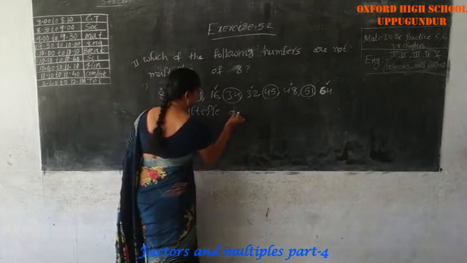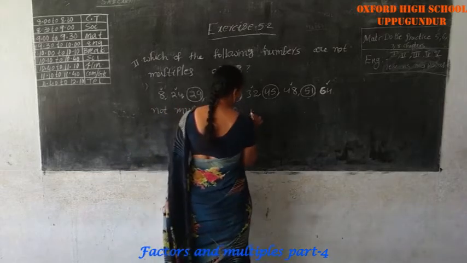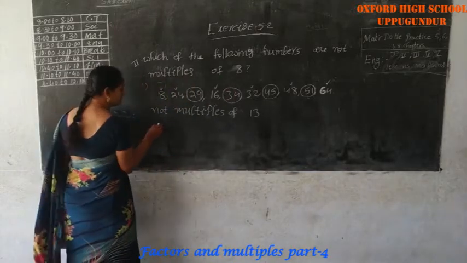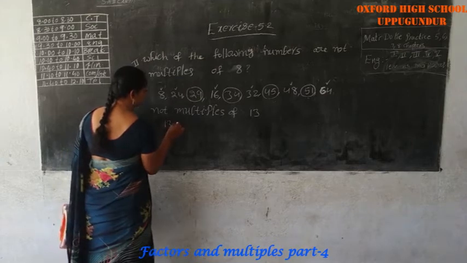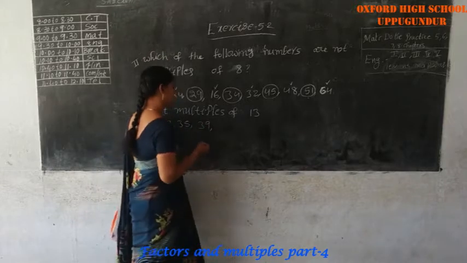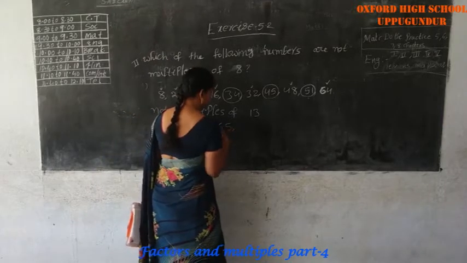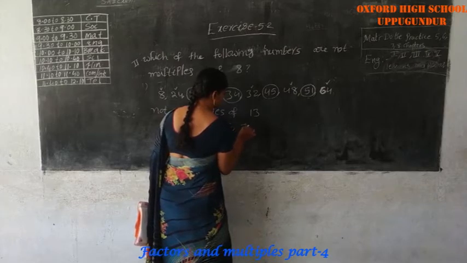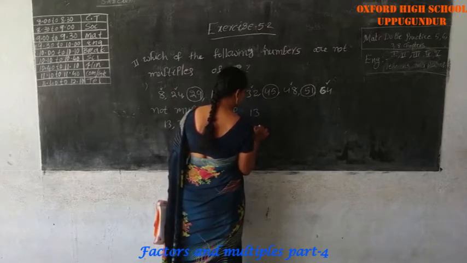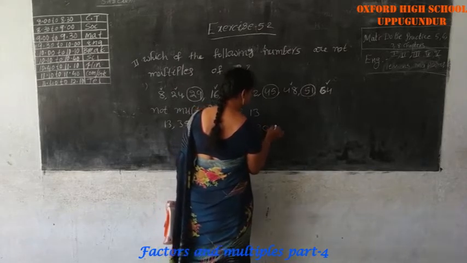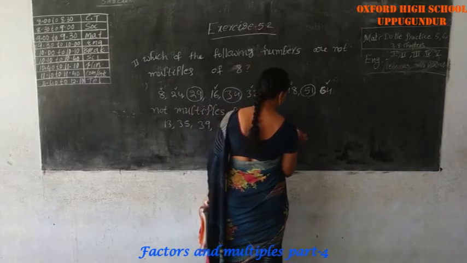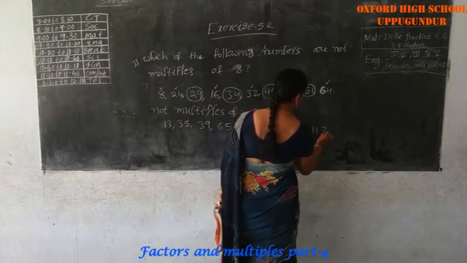Not multiples of 13. See, we will take some values: 13, 35, 39, 65, 72, 90, 104, 150, 170.